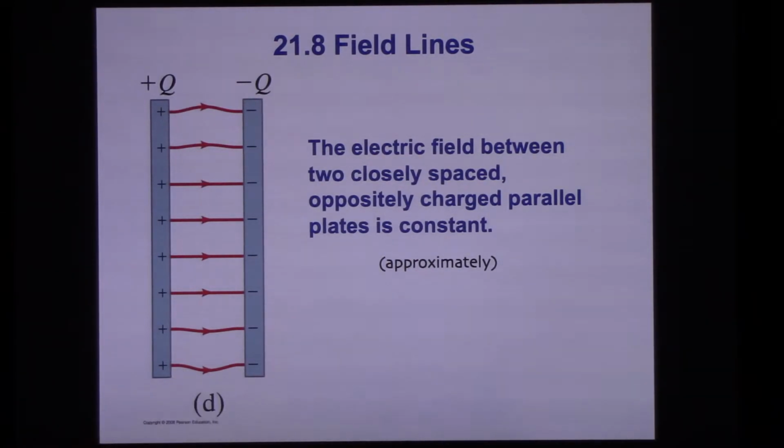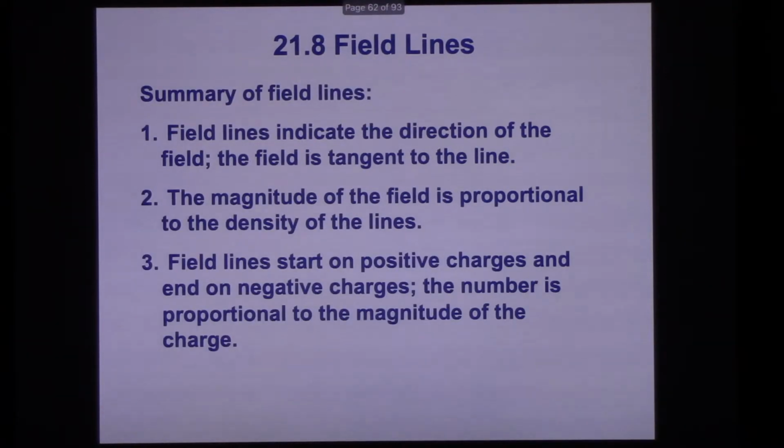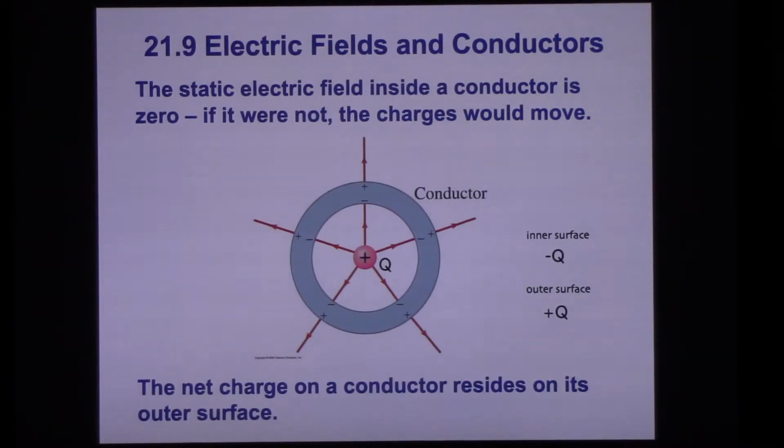If you stay away from the edges, the E field is pretty uniform, but as you get closer to the edges, the E field is going to drop off. So again, here are the rules that we talked about with those field lines. And I think we went over all these. So I am going to move on.